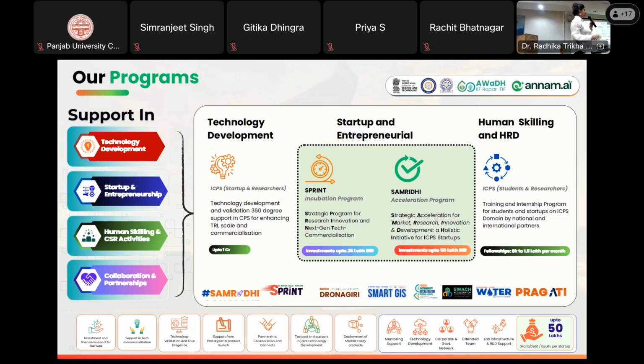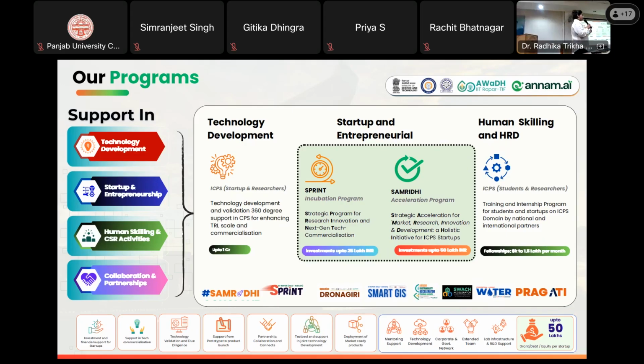The range of cyber physical systems includes using Internet of Things and using data for AI modeling and then predicting what can be done. These are all examples of cyber physical systems. We are specifically providing support in cyber physical systems, and these are a few of the programs. If you have some project in your mind and you want to start your own startup, then under startup and entrepreneur we have a dedicated scheme called Sprint.